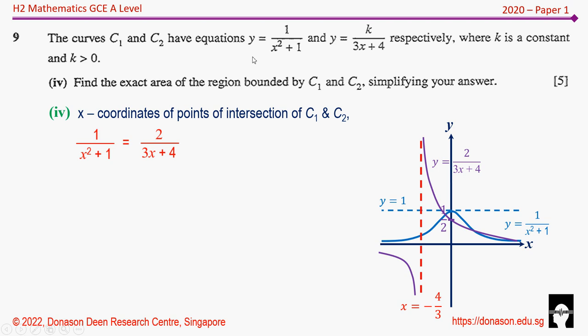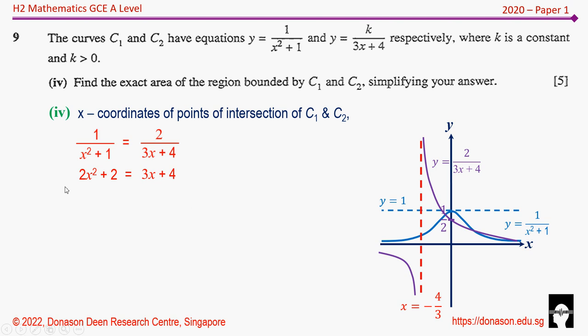So I can just eliminate the y, and I get 1 over x plus 1, from the curve C1, equated to the curve C2, which is 2 over 3x plus 4. And then let's cross multiply. 2 times x squared is 2x squared, 2 times 1 is of course 2, and 1 times 3x plus 4 is simply 3x plus 4.